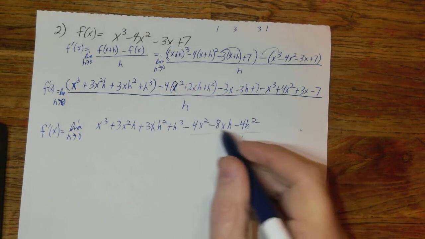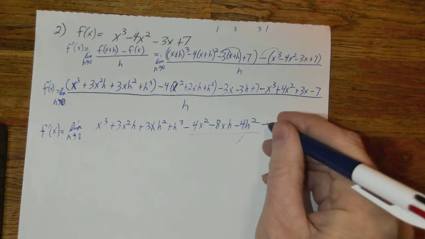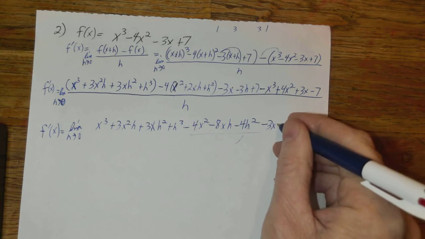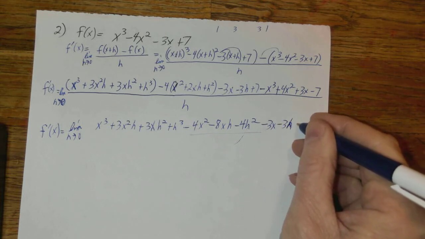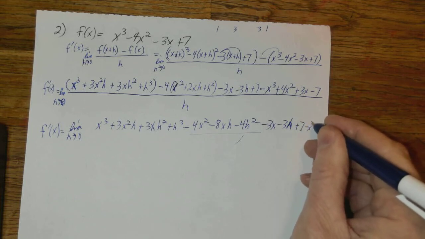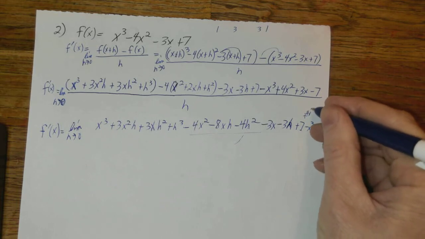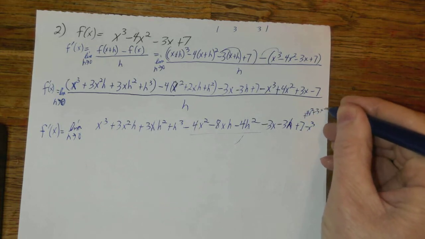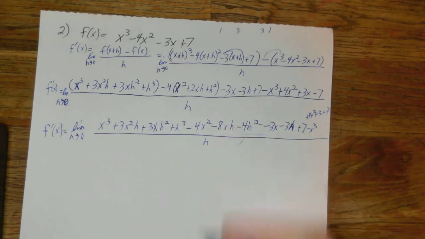These three terms have come from distributing the negative 4 here. And then I'll just rewrite this. Minus 3x minus 3h, plus 7 minus x cubed plus 4x squared plus 3x minus 7. I ran out of room for my numerator there. And that's all over little old h.